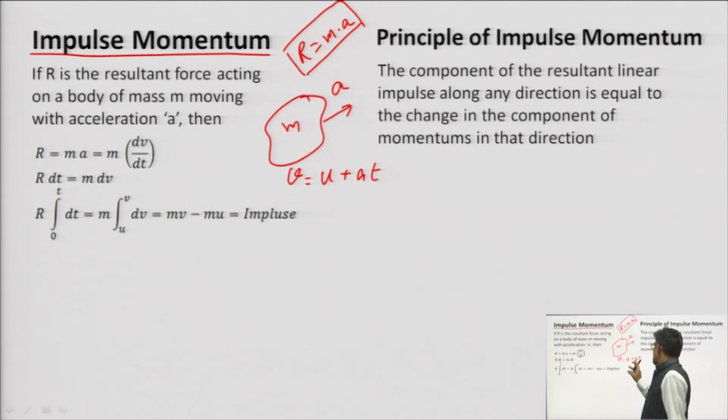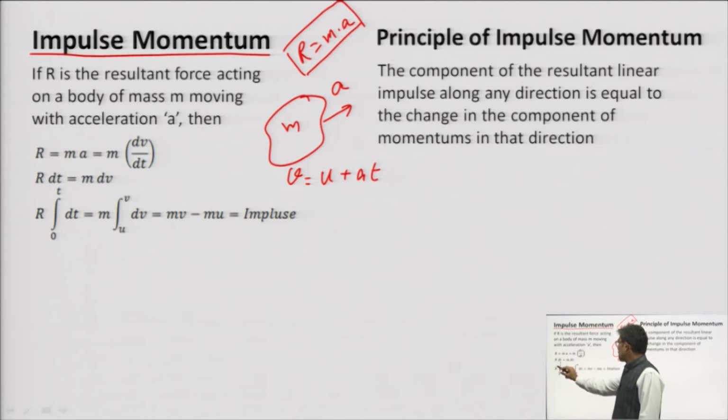At time t equal to t1, the velocity will be some value, and at time t2 the velocity will be different. So this resultant R, which is m into a, can be written as m times the rate of change of velocity.